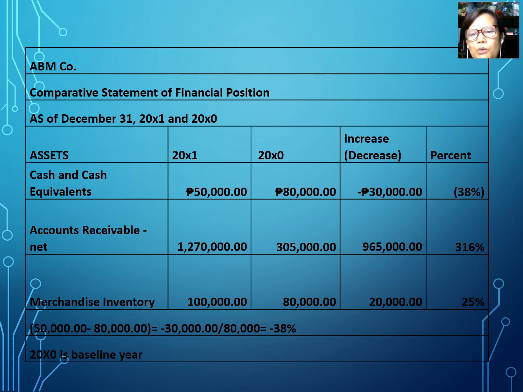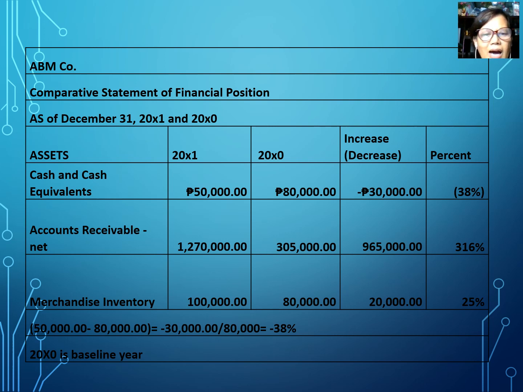So, 0.38 will now become 38%. But don't forget to write the parenthesis because it is negative in that case.